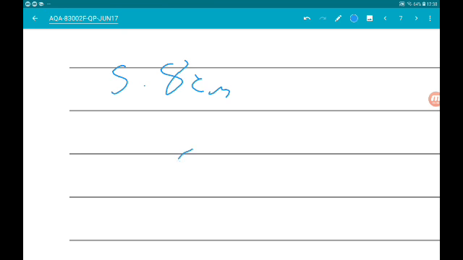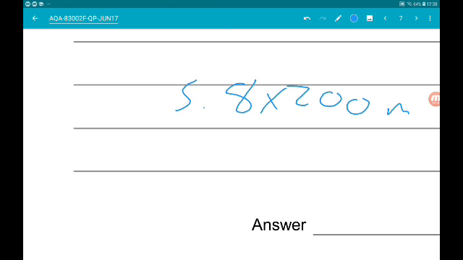So then we do 5.8 times 200 metres, and that gives us, so 2 times 5.8 is 11.6 times 100 will give us 1,160 metres. You might get slightly different. In the mark scheme, you're allowed between 5.6 centimetres and 6 centimetres.